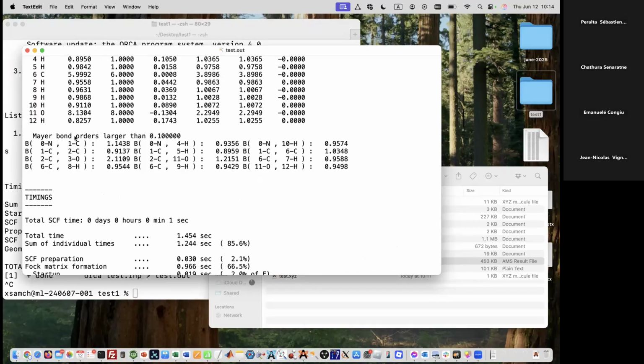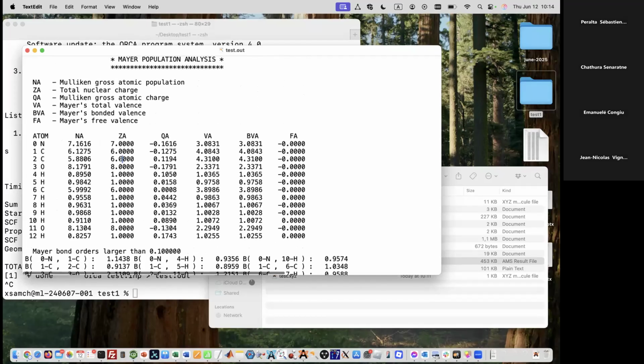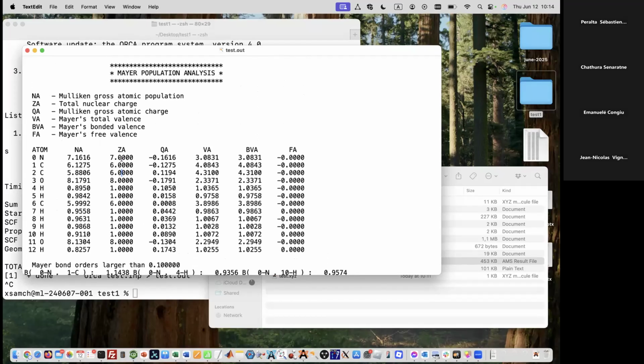For example, if a Mayer bond order is roughly 1, it means it has a single bond. If it is 2, it should be a double bond. And you can also see different charges, different types of Mulliken charges you can get from here.